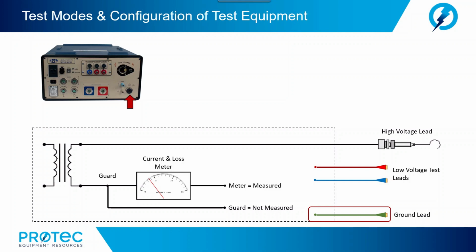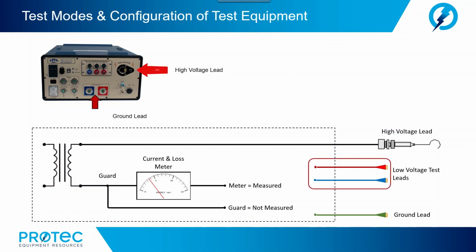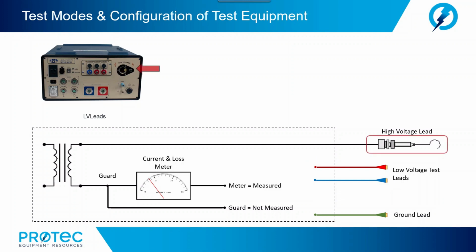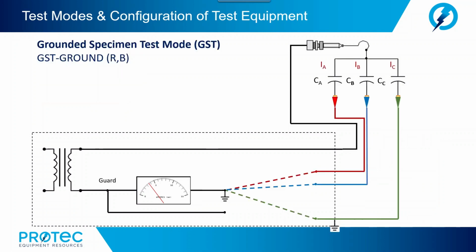So here's our high voltage input, our measurement inputs for both the blue channel and the red, and moving on to our first test mode, a grounded specimen test, GST. Here is going to be GST, ground, red, blue.